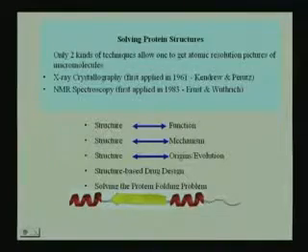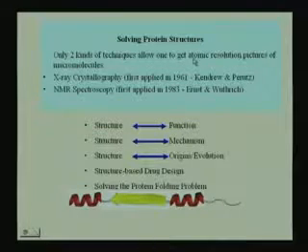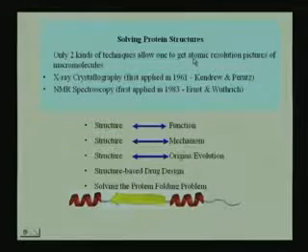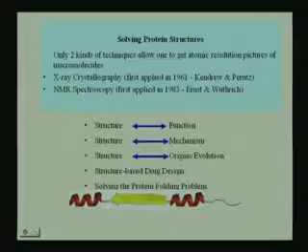If we want to look at how to get a protein structure, there are only two kinds of techniques available to get atomic resolution pictures, because you want to know exactly where the atoms are, which tells you what your protein looks like. You understand that it is an extremely large system, a macromolecule, so it is very difficult to pinpoint where the atoms are if you were to take a snapshot of it.